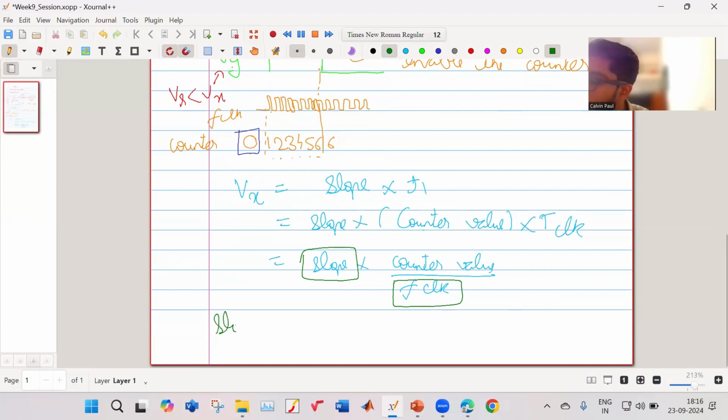So if your slope changes by 1%, your V measured or your Vx will also change by 1%. There will be 1% error. If your clock changes by 1% and your slope is the same, what will be the error in V measured?